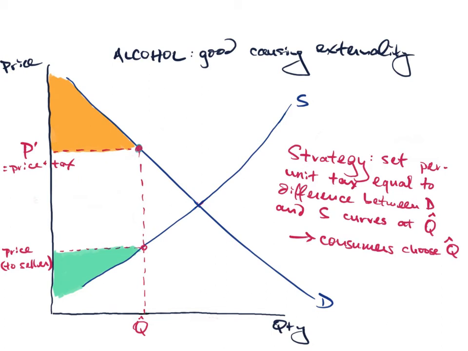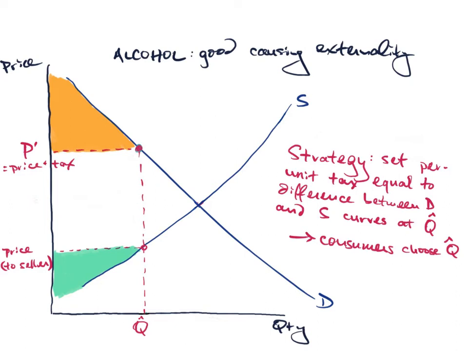But this optimal tax would set the price consumers pay equal to the price they would be paying anyhow in a controlled market. So again, the strategy is to tax marijuana until the price is $500 an ounce, which is the same as it is in the market when it's controlled.